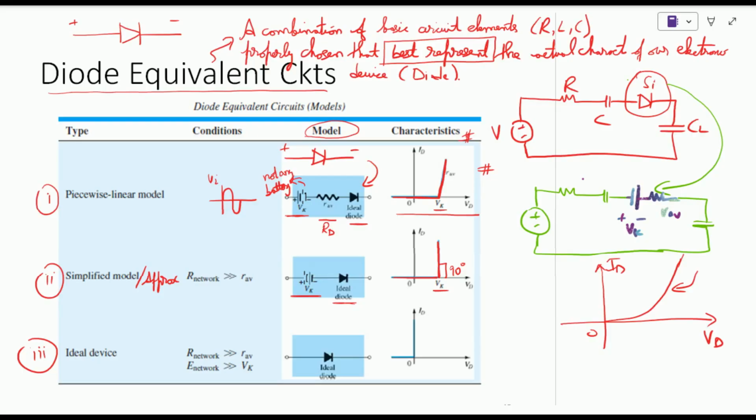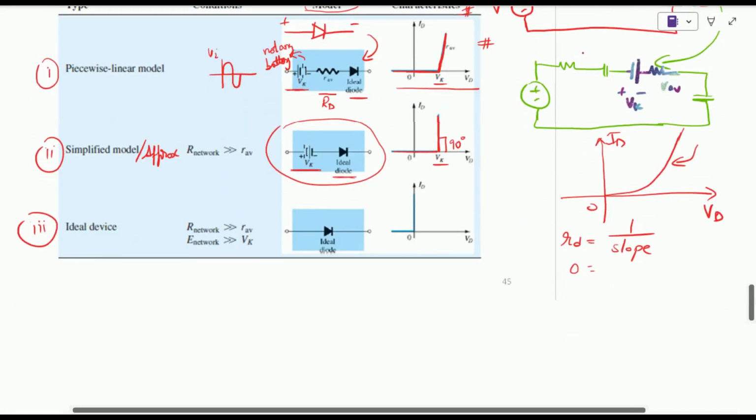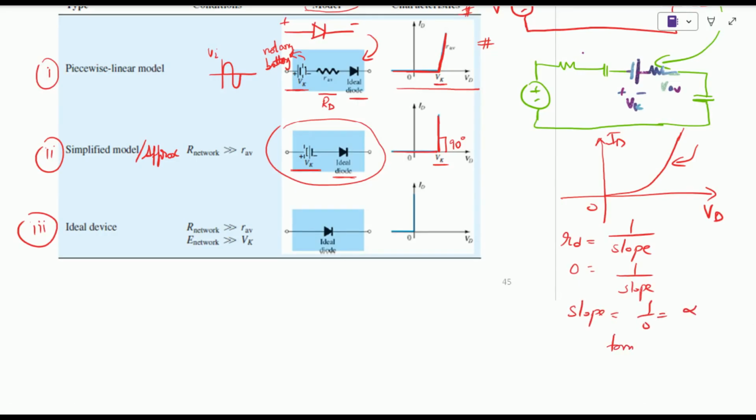Now why is it making a 90-degree angle? It's very simple: whenever we have a slope, we can define it mathematically in terms of its resistance. So the slope is mathematically nothing other than its resistance value. If there is no resistor in the circuit, as we see over here, which means that the resistor is 0, so our slope is basically having no resistance, and thus the slope value comes out to be infinity, and if we find the angle of infinity, it comes out to be 90 degrees.